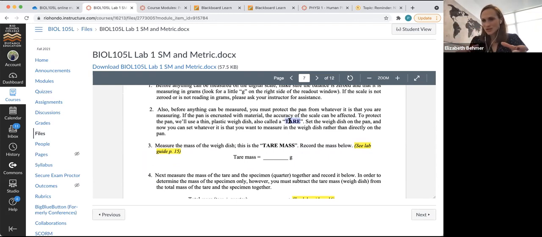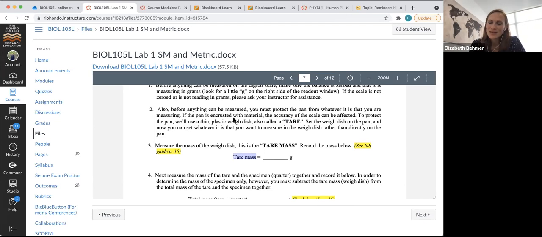Well, we don't want to measure the weight of the plastic dish, so we tare the scale, which means you set the plastic dish on the scale and you tare it or set it to 0, or you can take the measurement of that plastic dish, which is the tare mass. And the tare mass you can record from the lab guide.